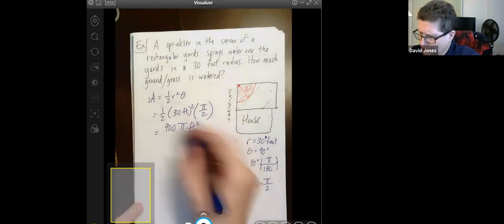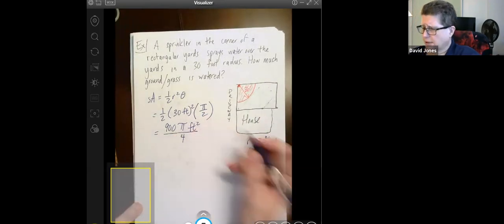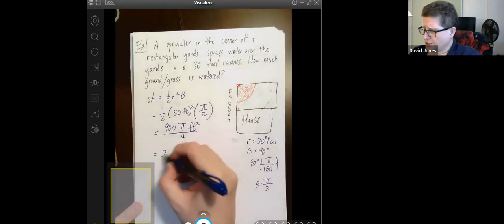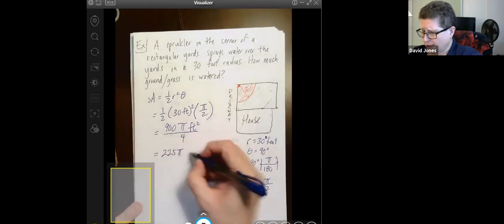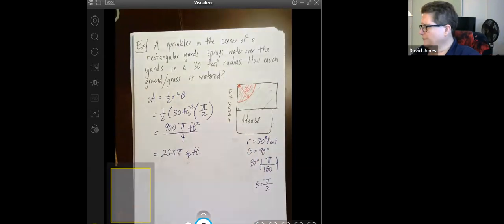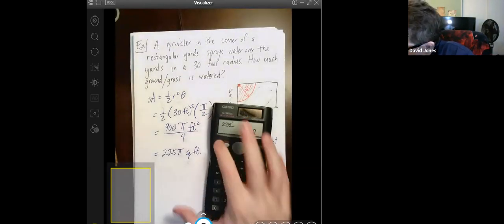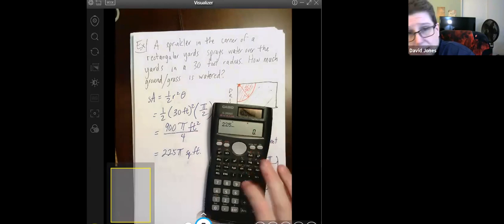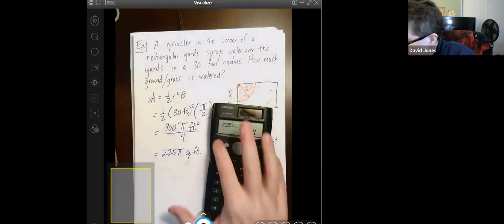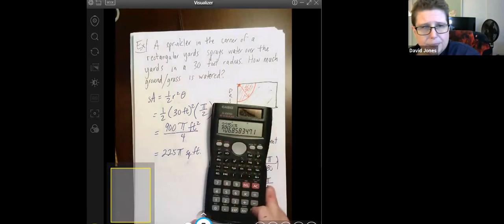And on the bottom, we got 2 times 2 is 4. This is 225 pi square feet, which is not all that helpful. Times shift pi. 706.858.